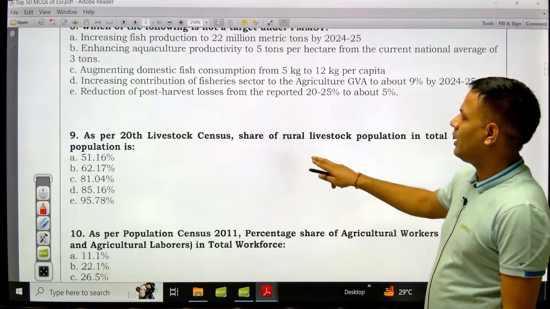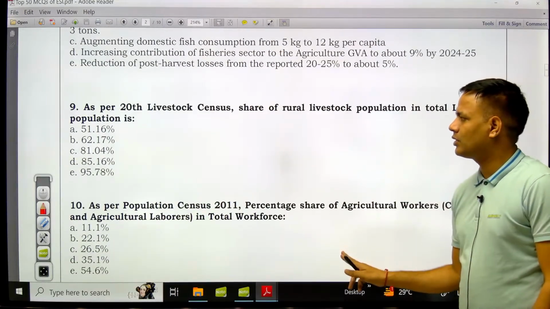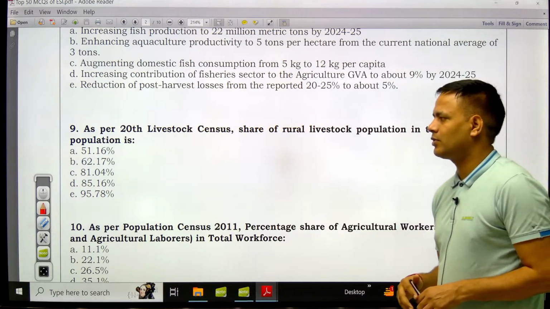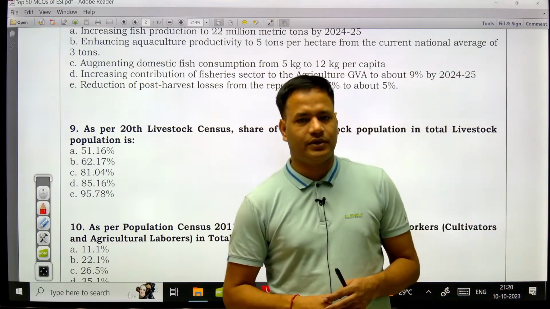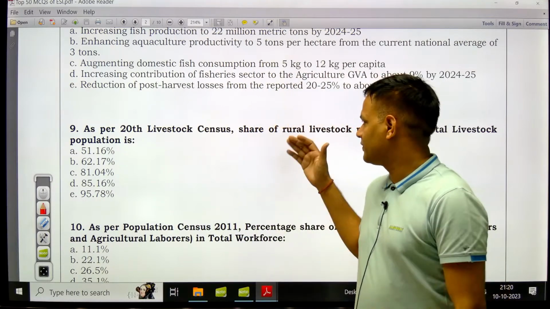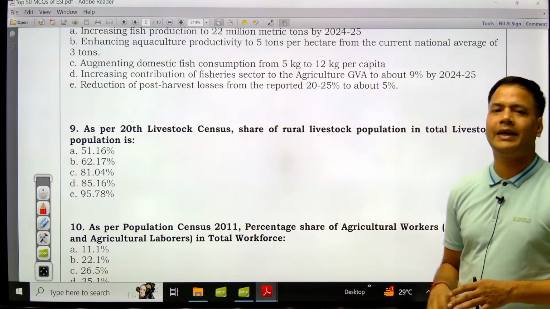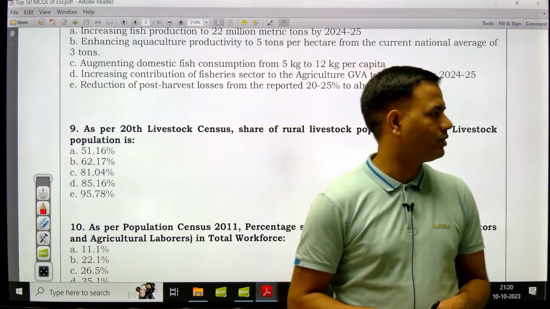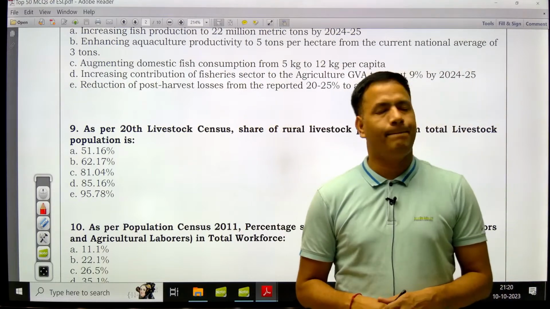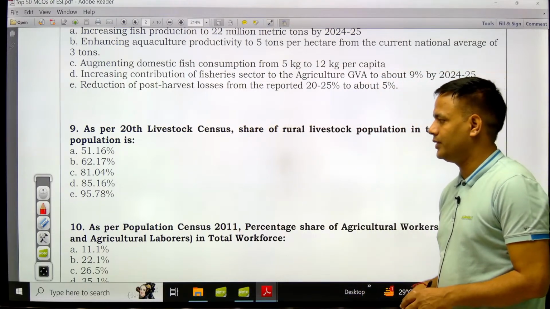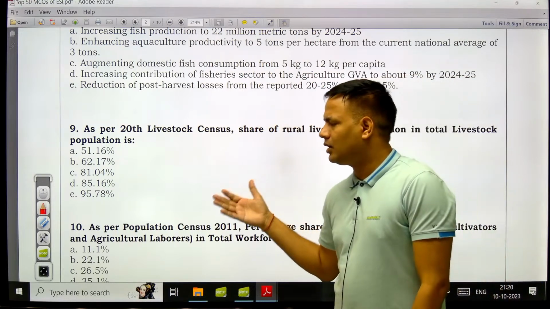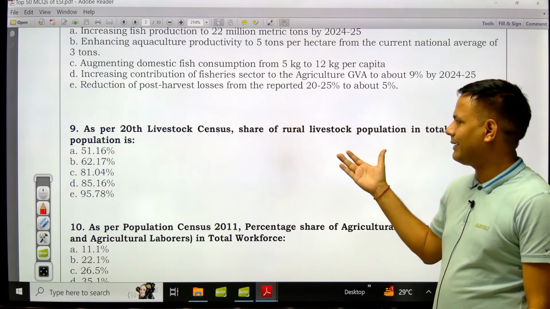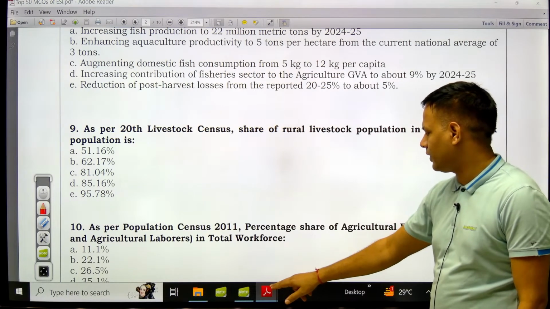Next question. As per the 20th livestock census, share of rural livestock population in the total livestock population. Yes, maximum livestock population belongs to the rural areas only.